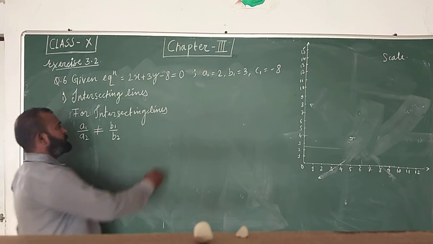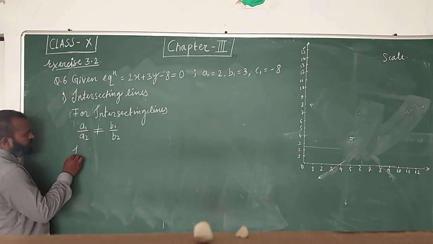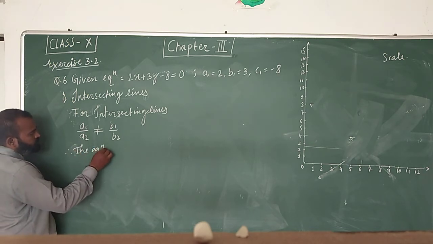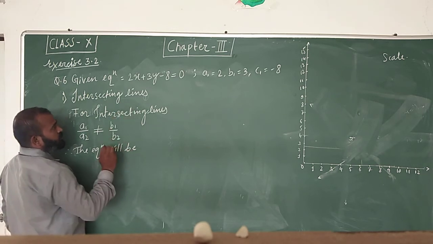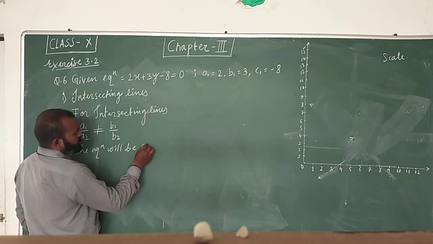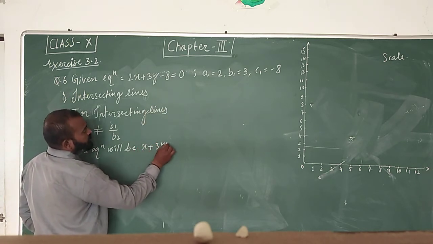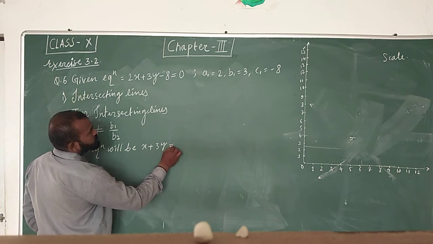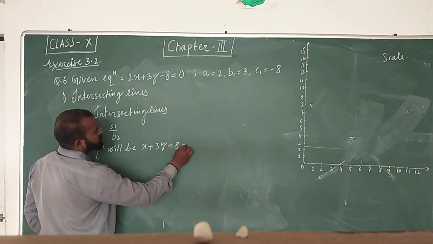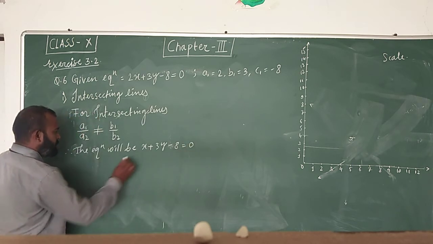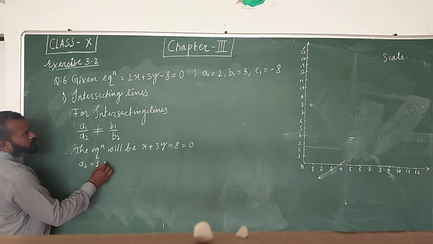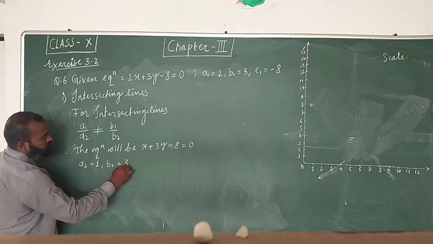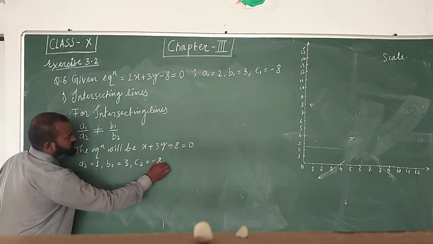Therefore the equation will be, what will be the equation which will satisfy? अब मैं ले रहा हूँ x plus 3y minus 8 is equal to 0. अब यहाँ पे a2 क्या है, देखो, a2 is 1, b2 is 3 and c2 is -8.